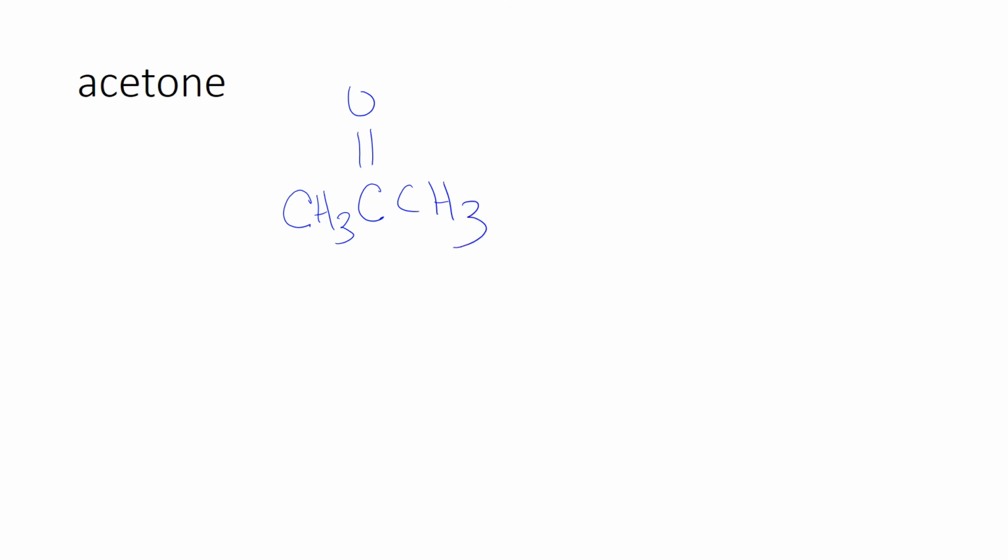Something to keep in mind with acetone is that its IUPAC name is not actually acetone. Its IUPAC name is derived from the parent chain, which is 3 carbons long. So that would be propane, but we change the ending to propanone. We don't have to say where the ketone is because it has only one option.